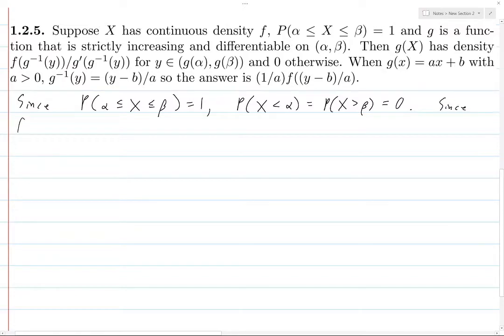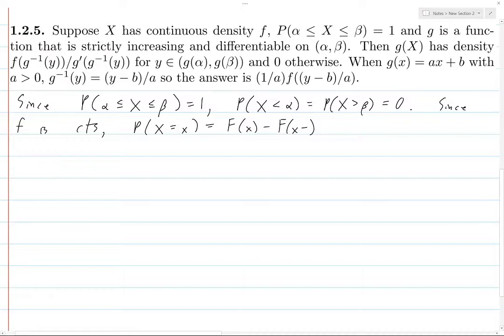Now, since F is the continuous density function, the probability that X equals some lowercase x is, well, we proved that this is F of x minus F of x minus, where x minus is the limit as y approaches x from the left of F of y.